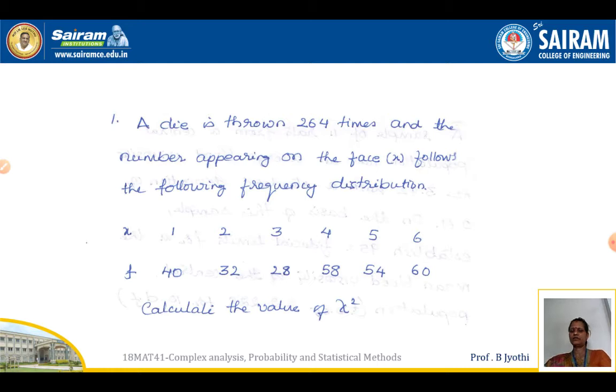The frequency is 40 times 1 appears out of 264, 32 times 2 appears, 28 times 3, 58 times 4, 54 times 5, and 60 times 6. Out of 264 throws, these are the frequencies. Now calculate the value of chi-square.